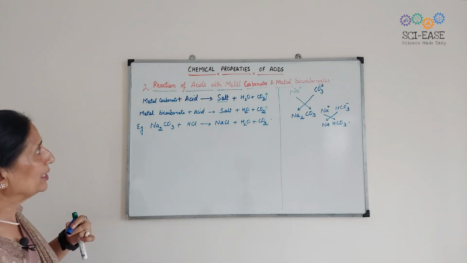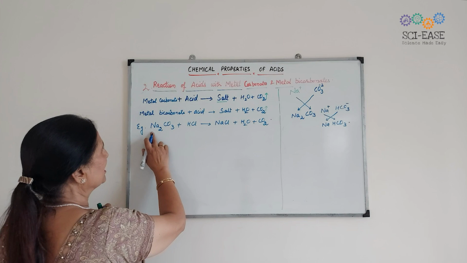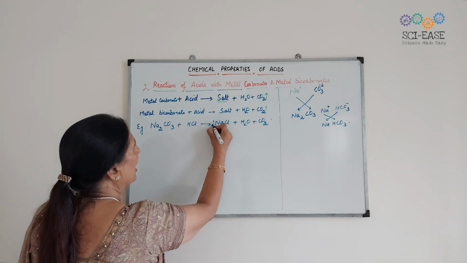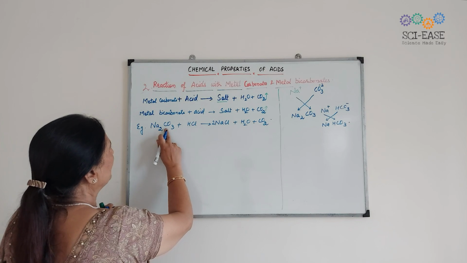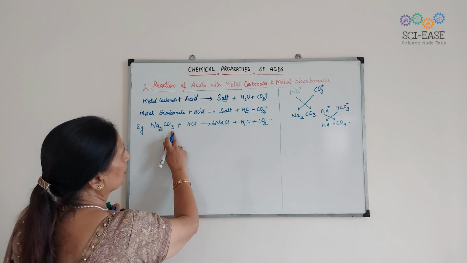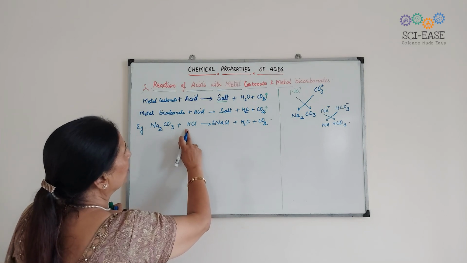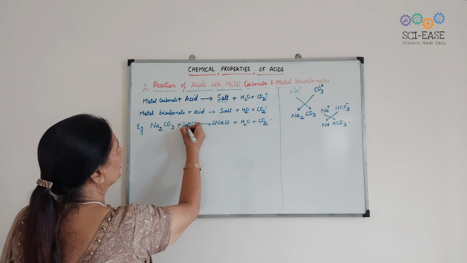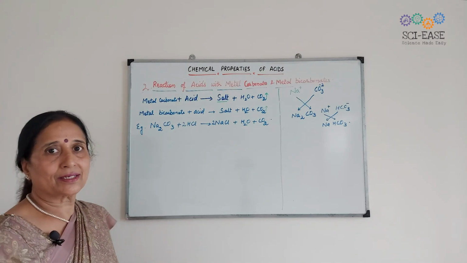Is this equation balanced? No, sodium is 2 here, and 1 there. So I will put 2 here, and it will be 2. Carbon 1, oxygen 3. Hydrogen here will be 2. Now this equation is balanced.